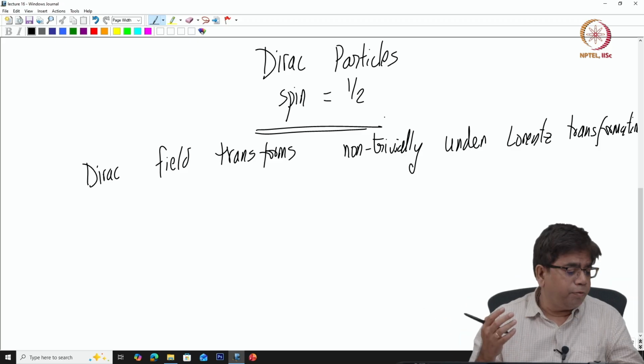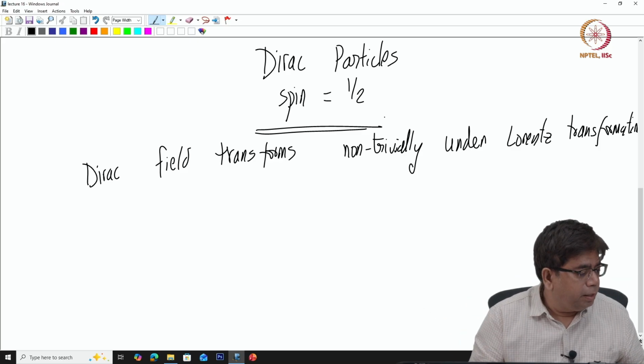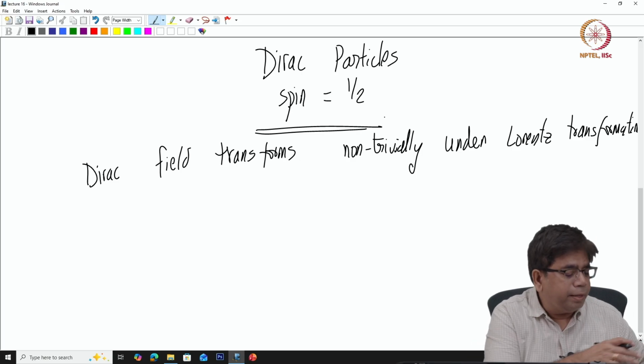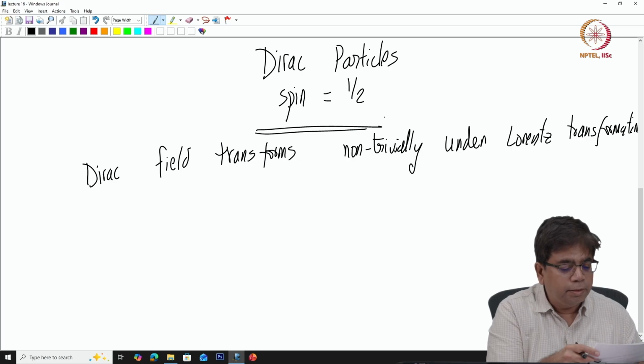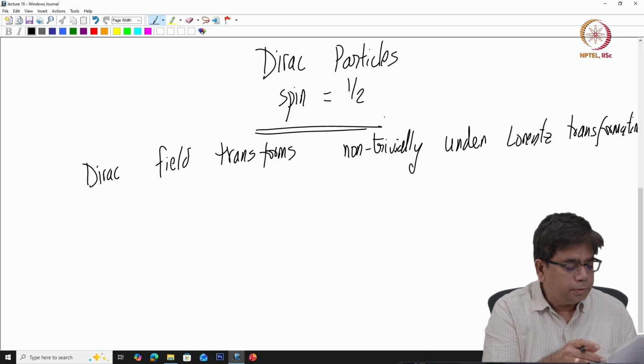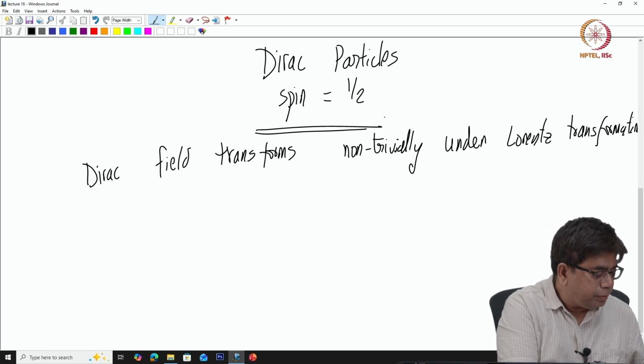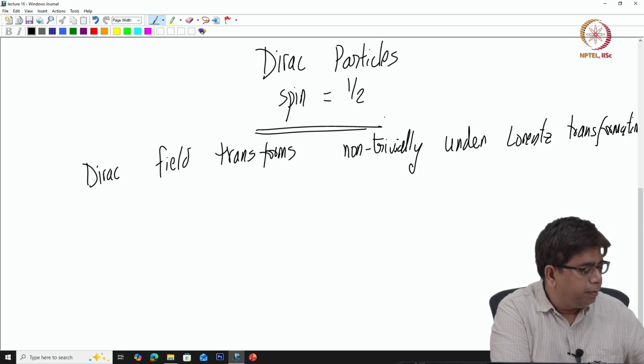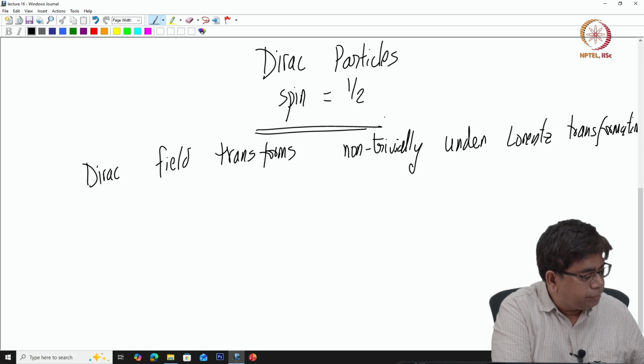Phi is an invariant quantity under Lorentz transformations. So just to remind ourselves how the Dirac field transforms, we will remember the Spinor representation of the Lorentz group essentially.